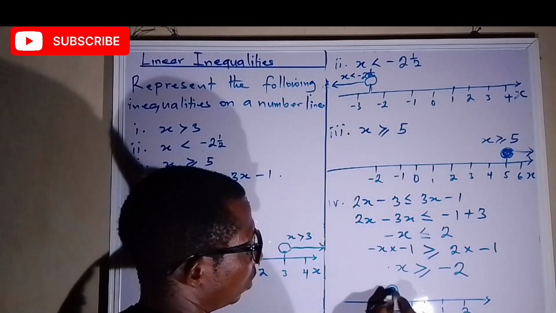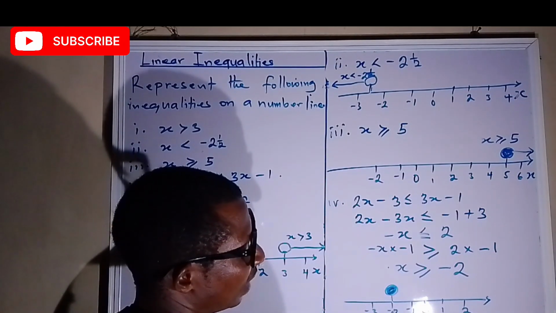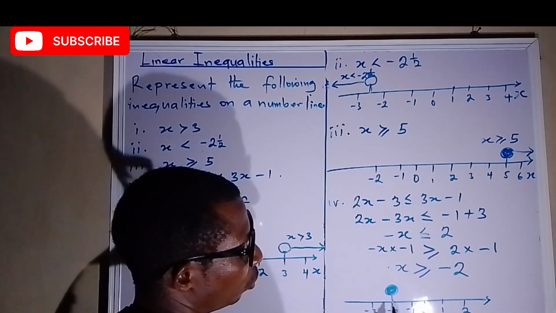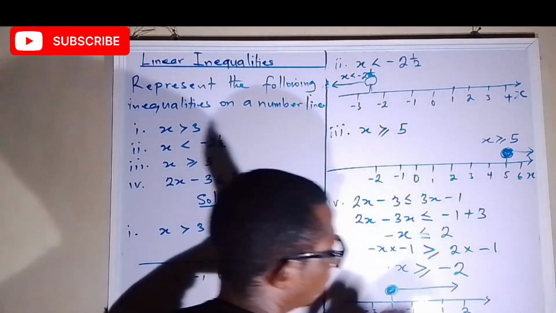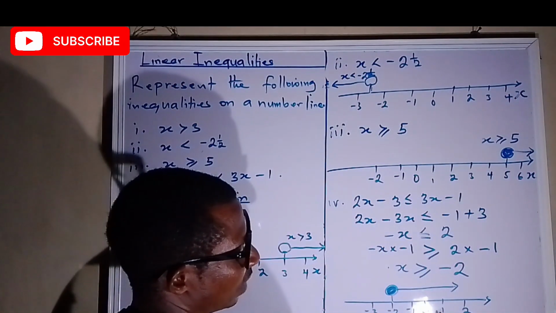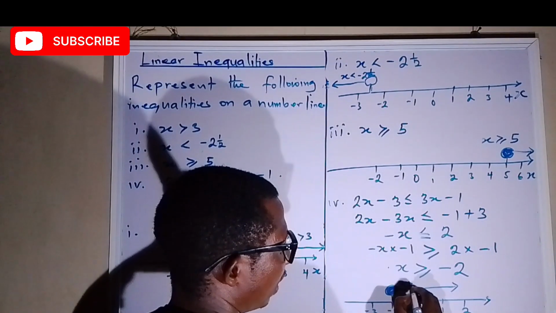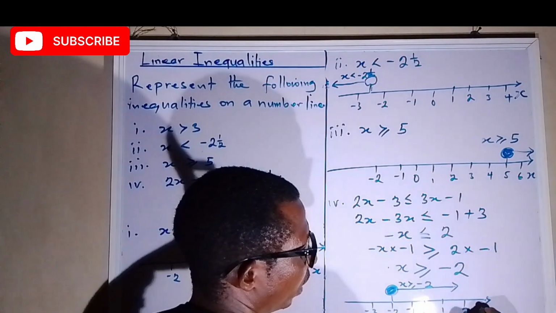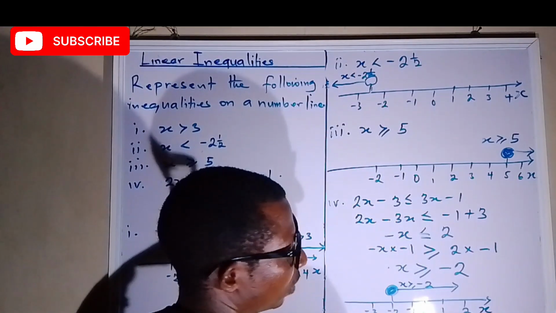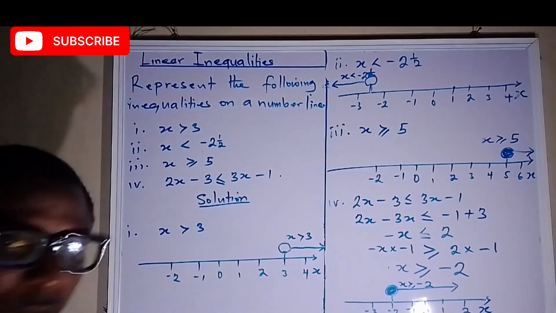So we shade here, and the values that are greater than or equal to minus 2 are in this direction. So my arrow will go this way. So we have x is greater than or equal to minus 2. And we label x. Alright, so this is the solution to the problem.